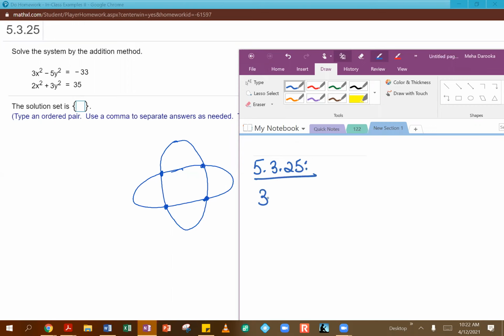Okay, so we have 3x squared minus 5y squared equals negative 33. Actually, now that I'm looking at this closely, it looks like it could be an ellipse and a hyperbola instead of two ellipses.